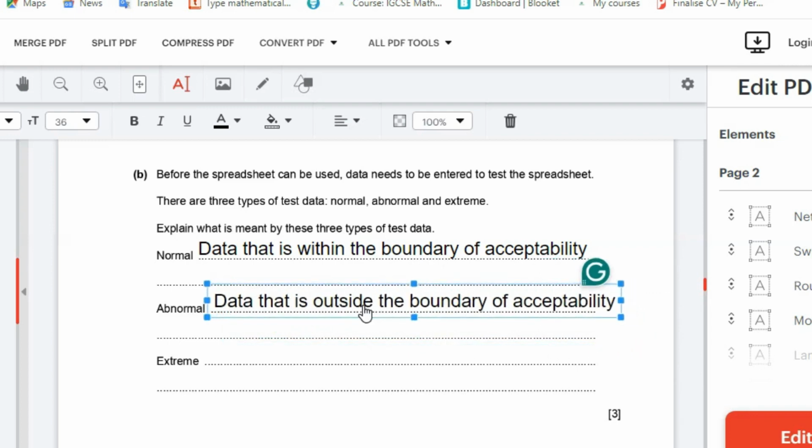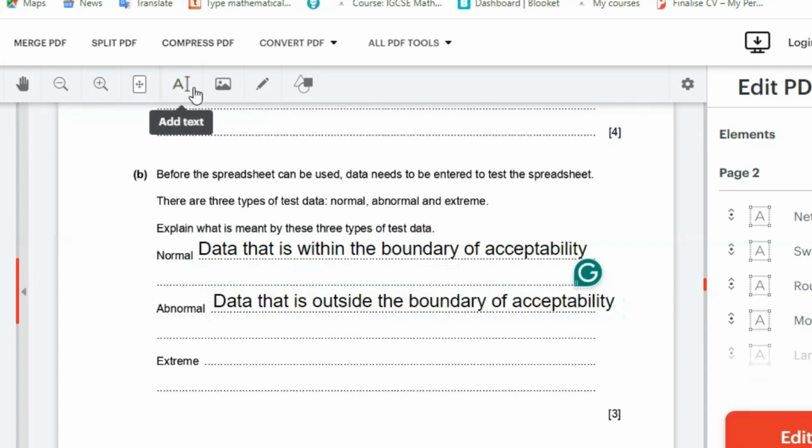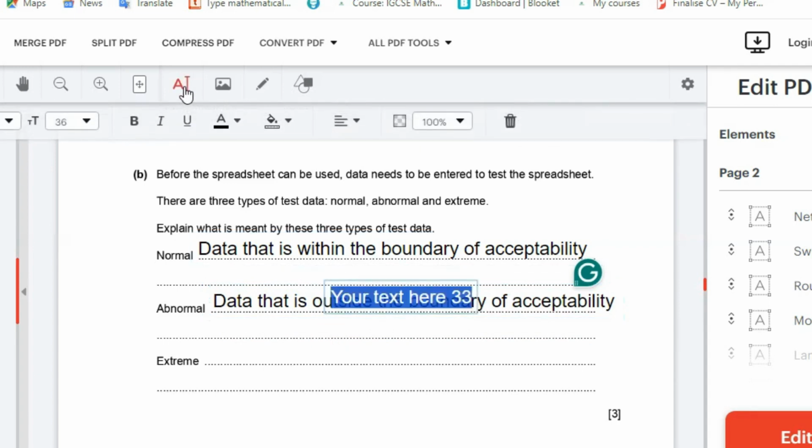Extreme data. When we say data is extreme, it means that it is on the edge of acceptability. Data that is on the edge of acceptability.